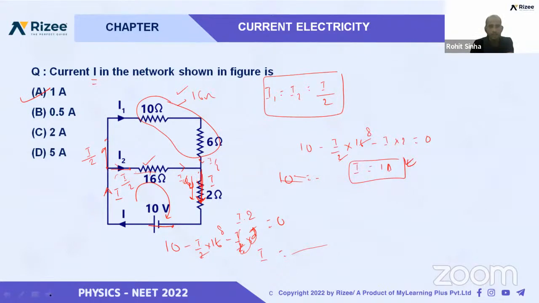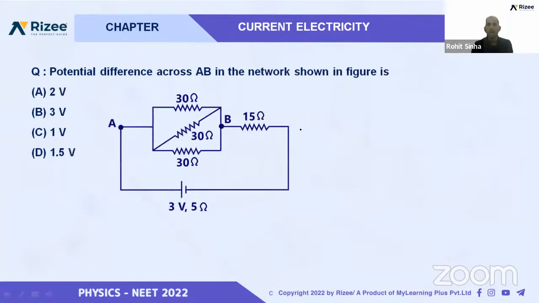Now, let's take this question. This is the last question. After this, we will be starting with meter bridge. So try this question, all of you. It is a good question. I will wait for your answer. I give you 30 seconds. Try this question, last question, then we'll be starting with some topic.